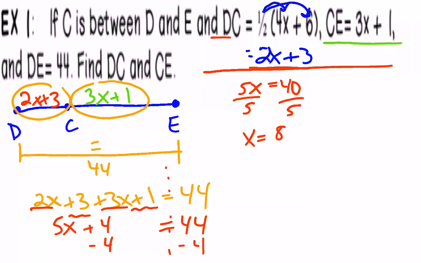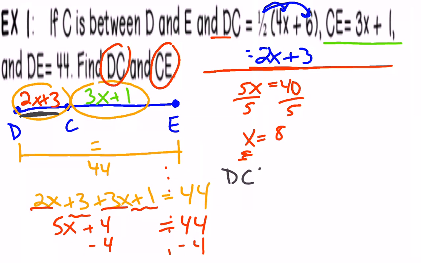And one thing we always want to make sure when we're doing any problem, but especially these type of problems, is that you answer your question. So we solve for x, and at this point I reread the question. It says to find DC and CE. So what I do is I like to look at my diagram that we drew. So DC is 2x plus 3.